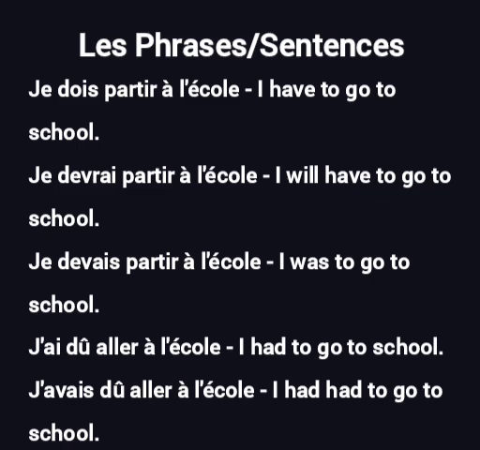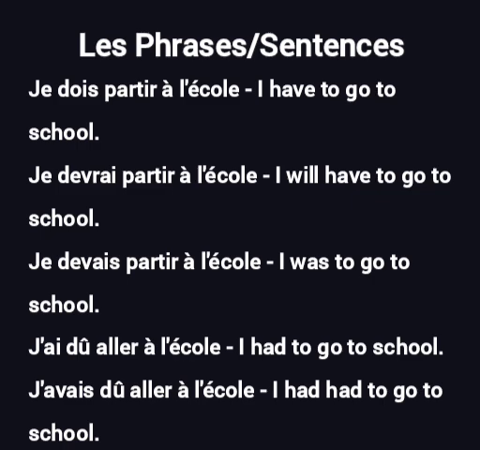Then, plus que parfait will be j'avais dû aller à l'école. I had to go to school, or I had needed to go to school. Remember, devoir is a verb to have to or to need to.